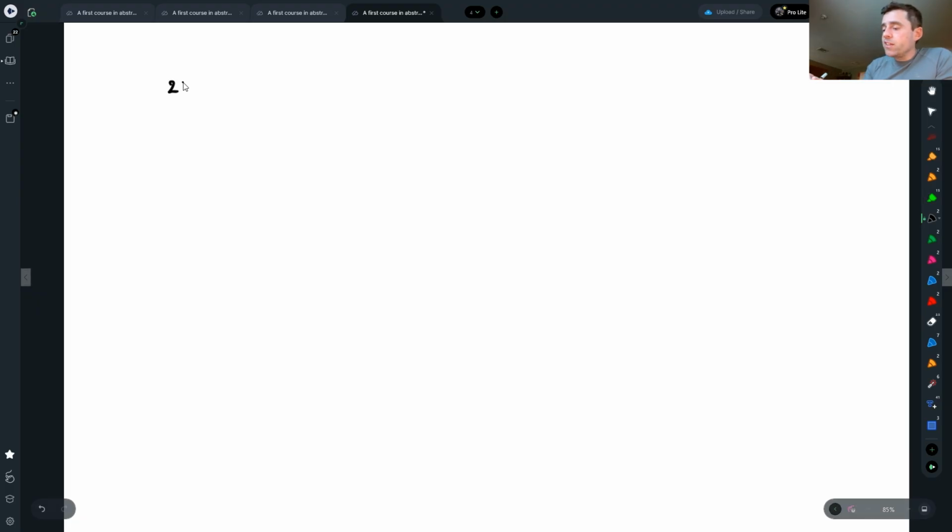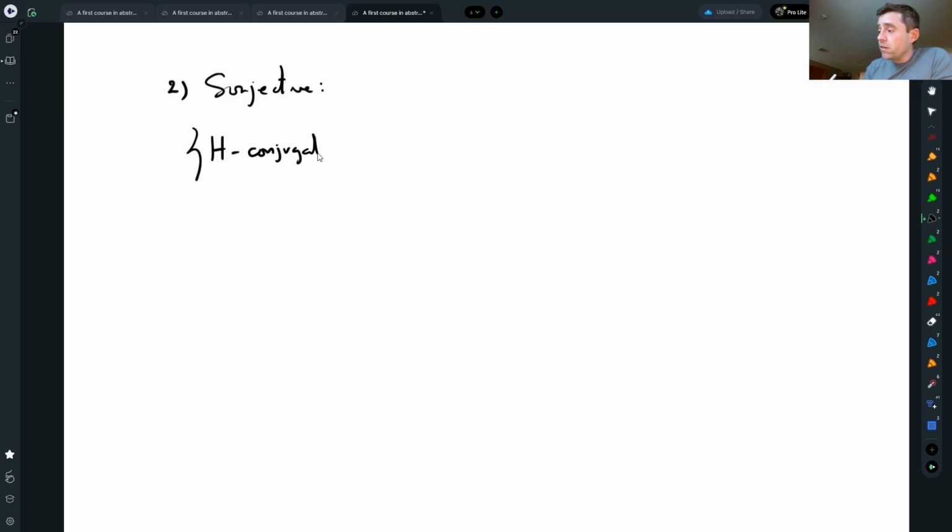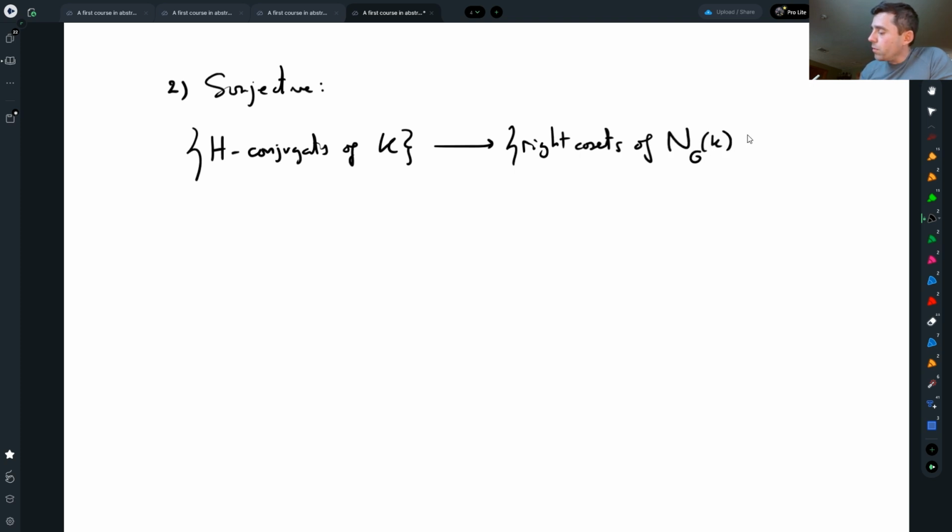Okay, and then let's prove that the map is surjective. Remember that the map went from H conjugates of K to right cosets of the intersection of the normalizer and H. Right cosets where?